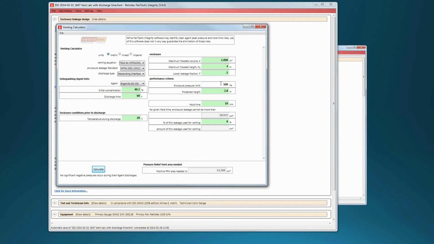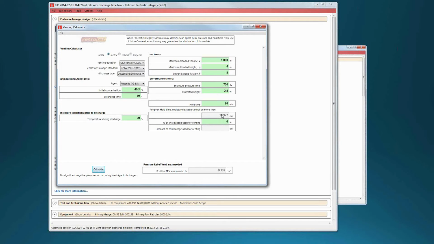So if you wanted to find out just how much pressure we'd get, we can elevate this up to, let's say, 700 pascals and do the calculation again. And you'll notice that at this point, if 700 pascals is our enclosure pressure limit, then the pressure relief vent area that we need is around 9,000.